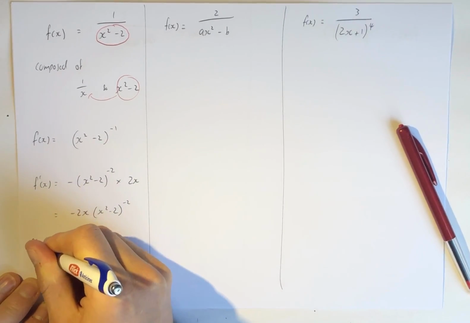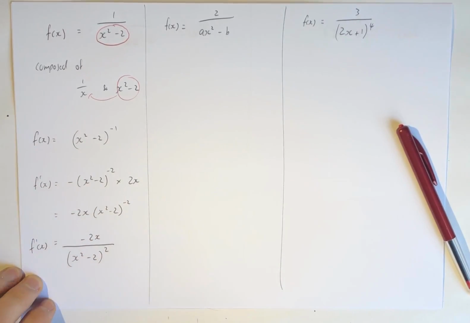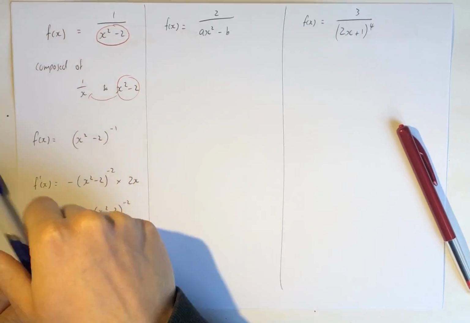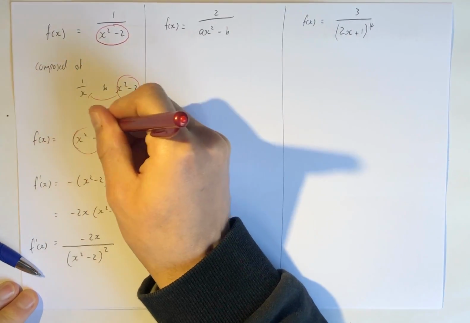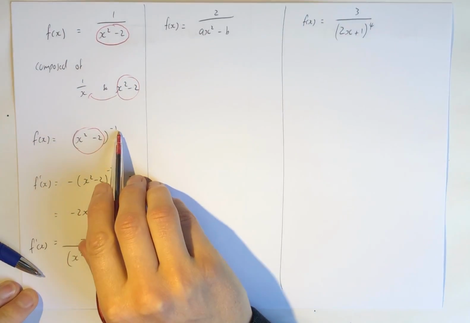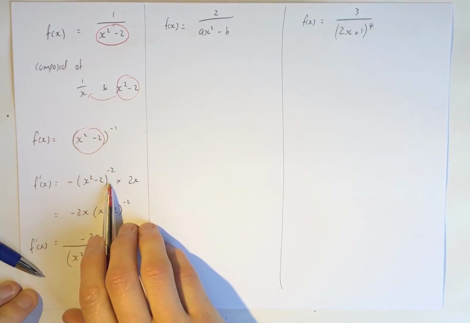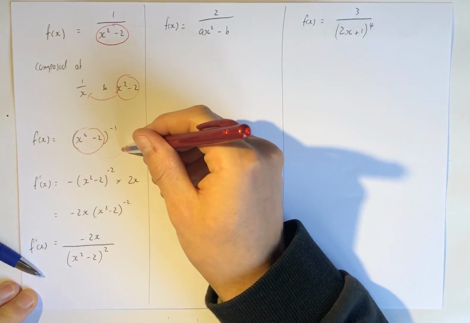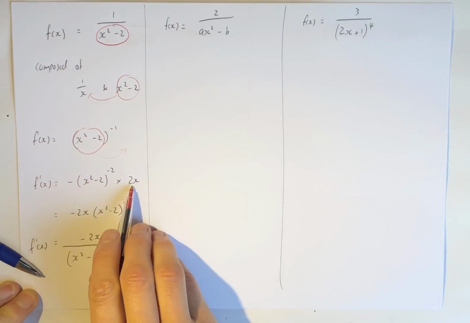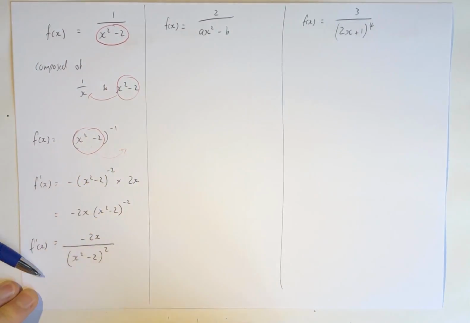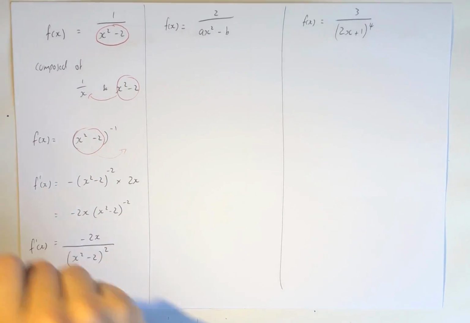And there you have it, that is the derivative. So here's our inside function. Take the derivative of the entire function, so negative 1 function negative 2, times the derivative of that inside function. The derivative of that is 2x. You guys could probably give this one a go now, having seen that.